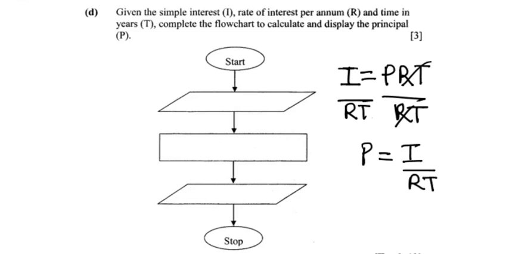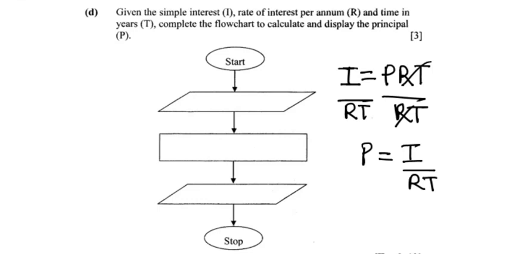So to calculate P, which is principal, we divide I, which is simple interest, by the rate and also time. So to get the principal P, we simply divide I by RT.